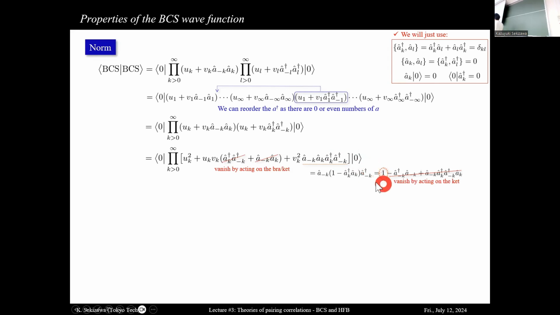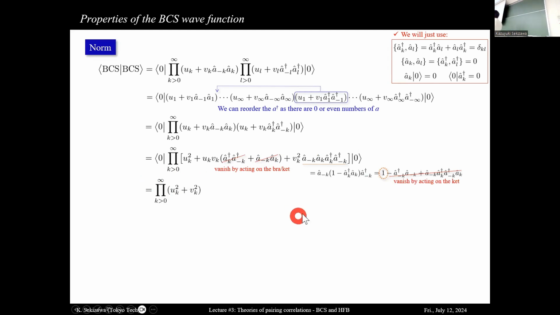The remaining is the term containing A dagger A and these 4 terms, but again it contains A dagger on the left side or A on the right-hand side, so it also vanishes when it acts on the vacuum state.